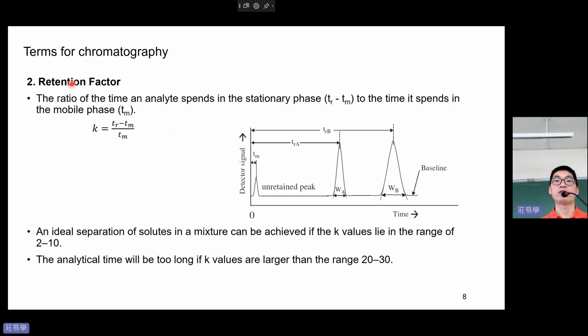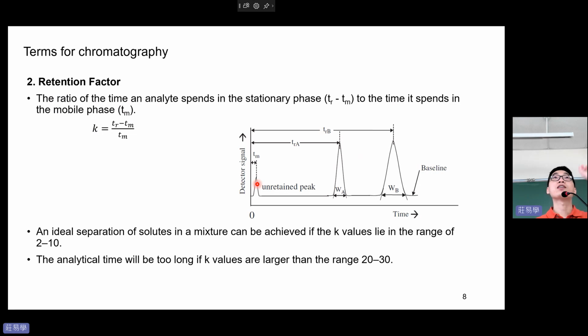The retention factor K is equal to the retention time of your target compound, for example TRA for compound A, minus TM. As I mentioned in the previous slide, TM is the retention time of the compound that has no affinity with the column, representing the travel time required for a compound to escape the column.